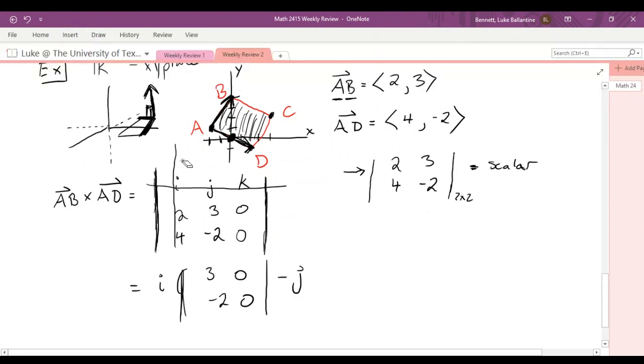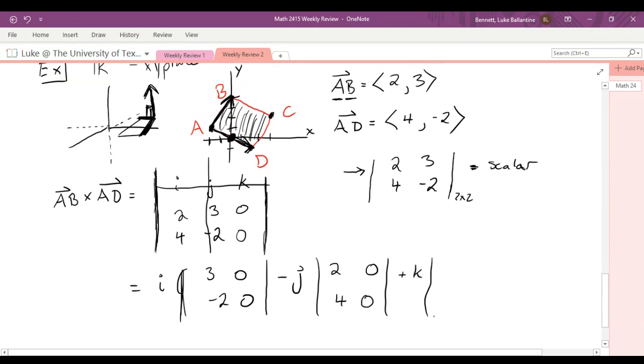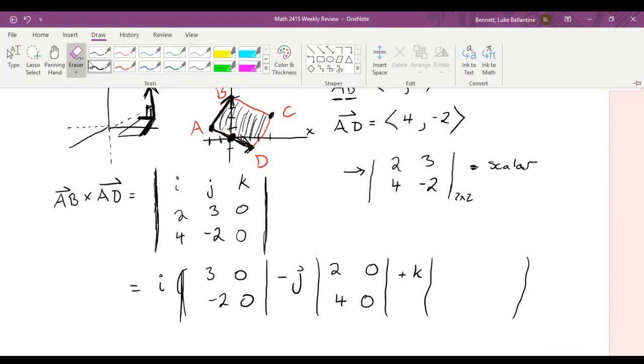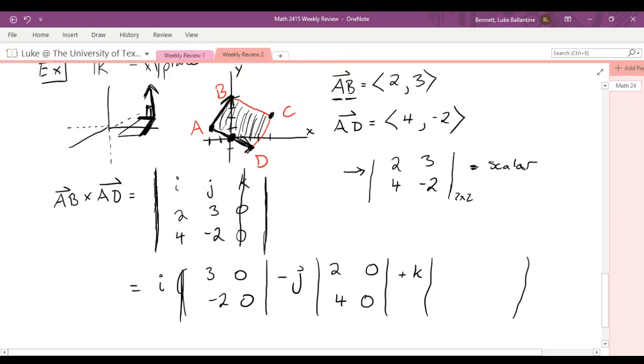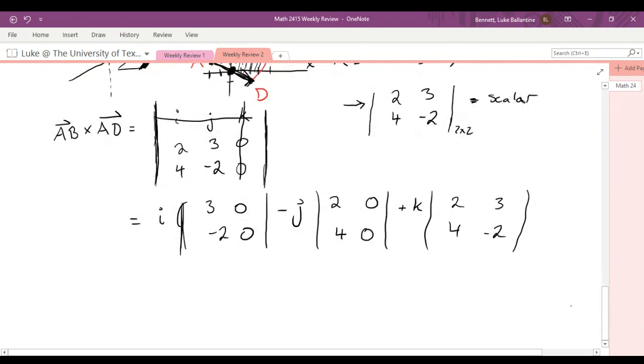Now if we subtract off j, we have to put the 2 by 2 determinant, 2, 0, 4, 0, plus k times the 2 by 2 determinant 2, 3, 4, negative 2.